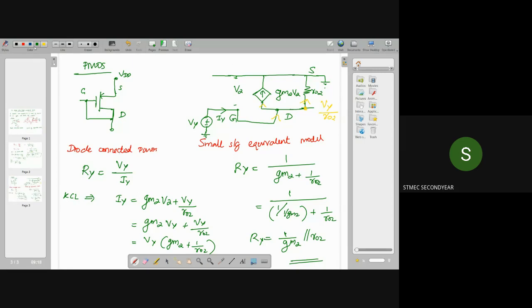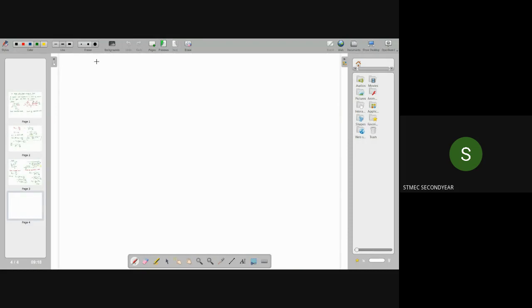Okay. So we can conclude that the resistance offered by diode connected load, if it is PMOS or NMOS, we can simply say the resistance offered by the diode connected load is 1 by gm parallel to ro.